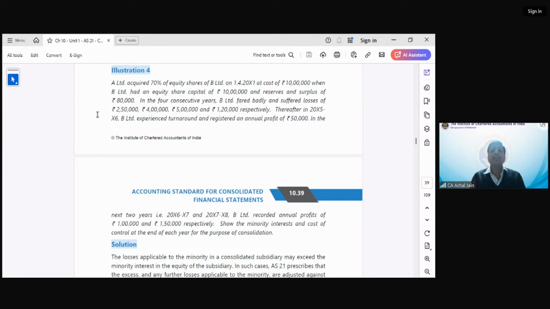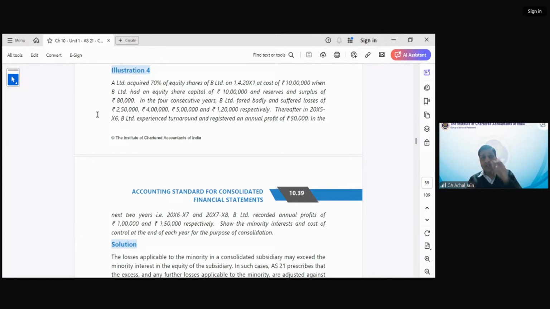In the 4 consecutive years following the acquisition date, B Limited fared badly, means the subsidiary which has been acquired suffered losses. For all the 4 years, losses are given to you: 2,50,000, 4 lakh, 5 lakh, 1,20,000 respectively.